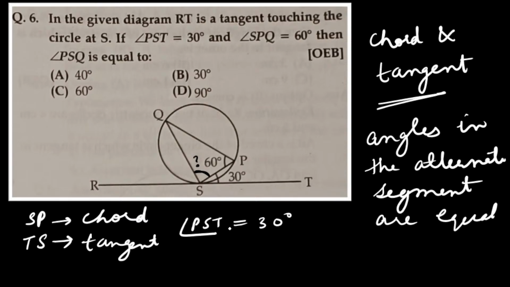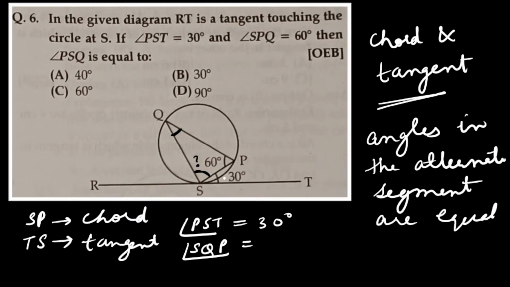So we know this angle is between chord and tangent. You just have to move along the end points of this chord. One of the end points of this chord is S. So if I move from S and from P also, this angle I am getting: angle SQP.